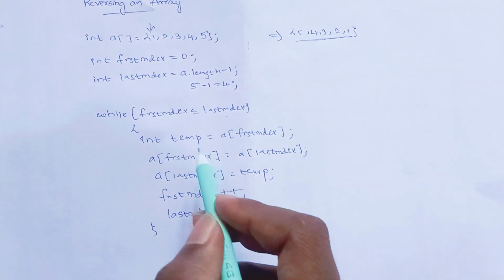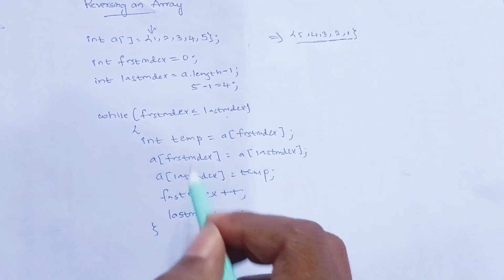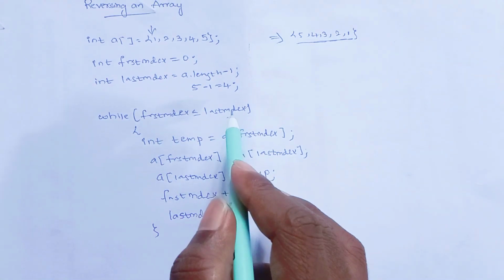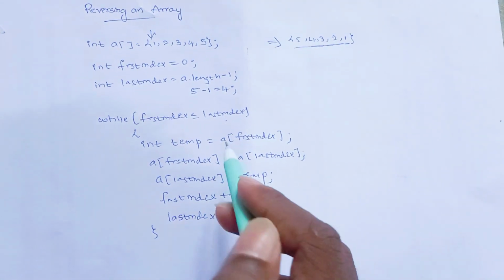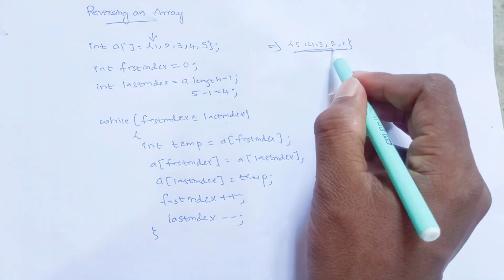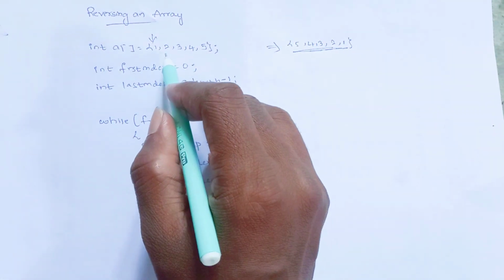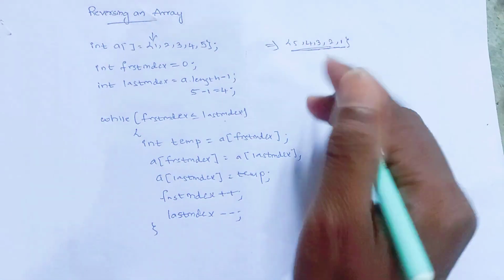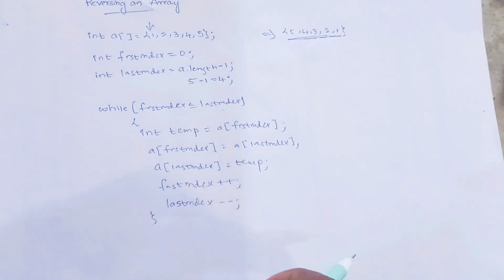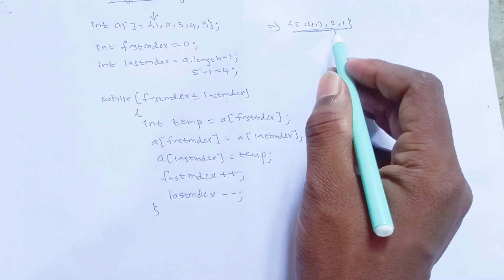So when executing all these statements, while this condition gets satisfied, we will be getting this particular array which is the reverse of the original array. After getting this array, we need to print each value one after another.